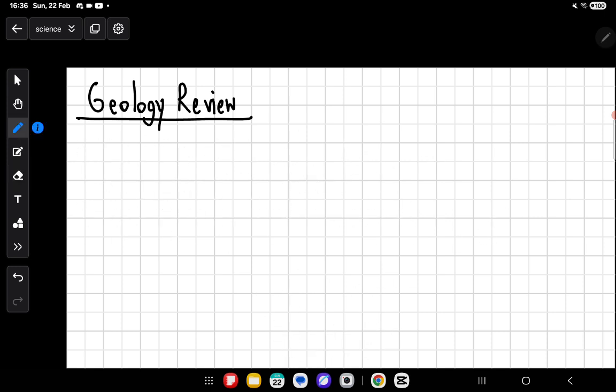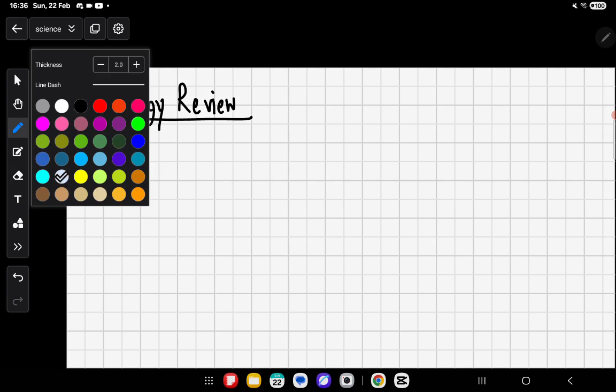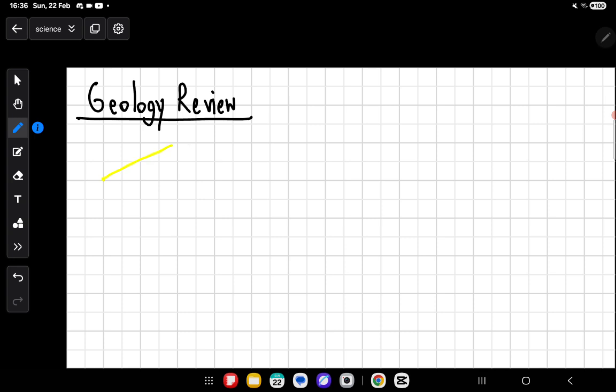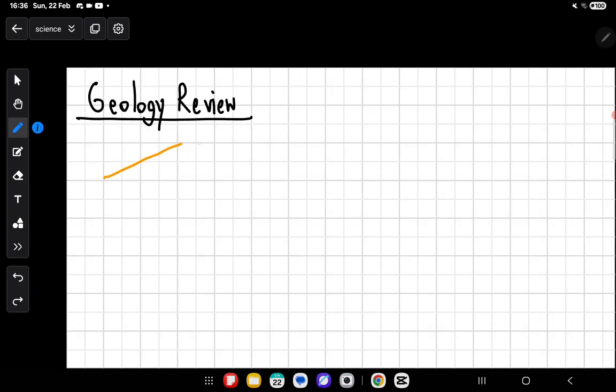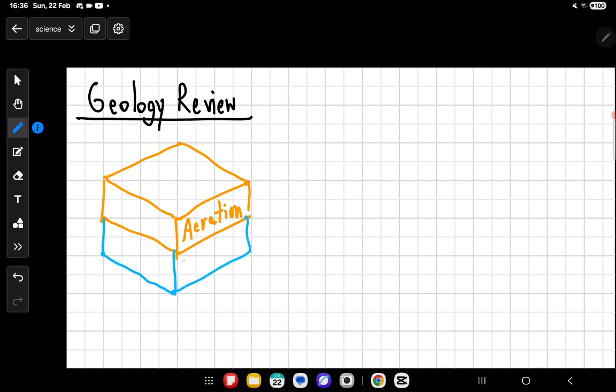Now, let's look at the zones in soil layers. The first zone we will refer to as a zone of aeration. Let's use a better color so that you may see it more clearly. So this right here is the zone of aeration. Then here's a blue zone, which is saturation.